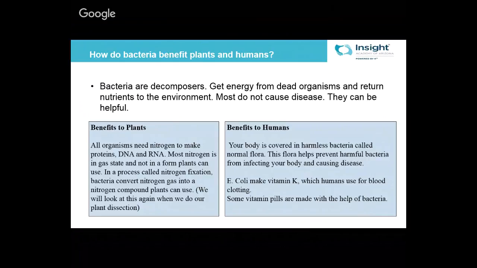So nitrogen can be put into a usable form through lightning, but we don't see a lot of lightning strikes, right? It's not happening all the time, and so it doesn't really put enough nitrates, usable nitrogen, into the soil for plants.